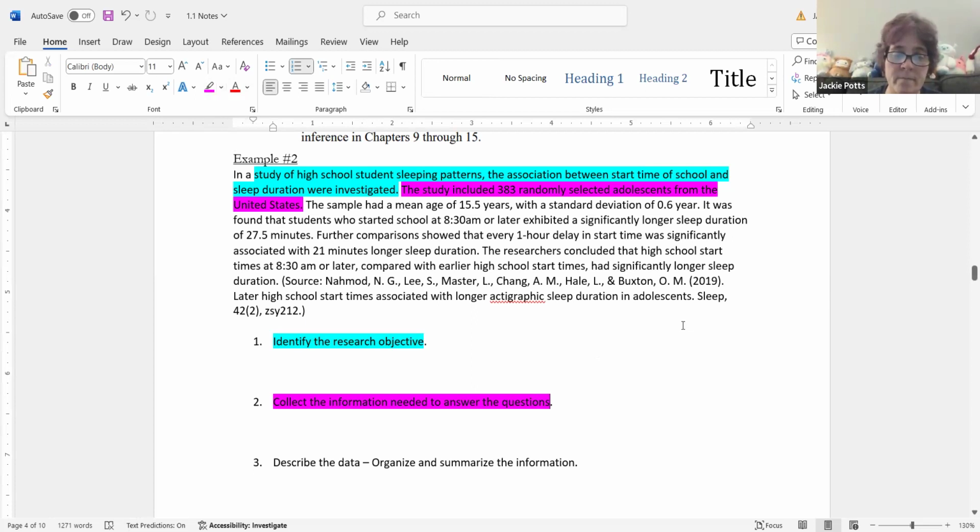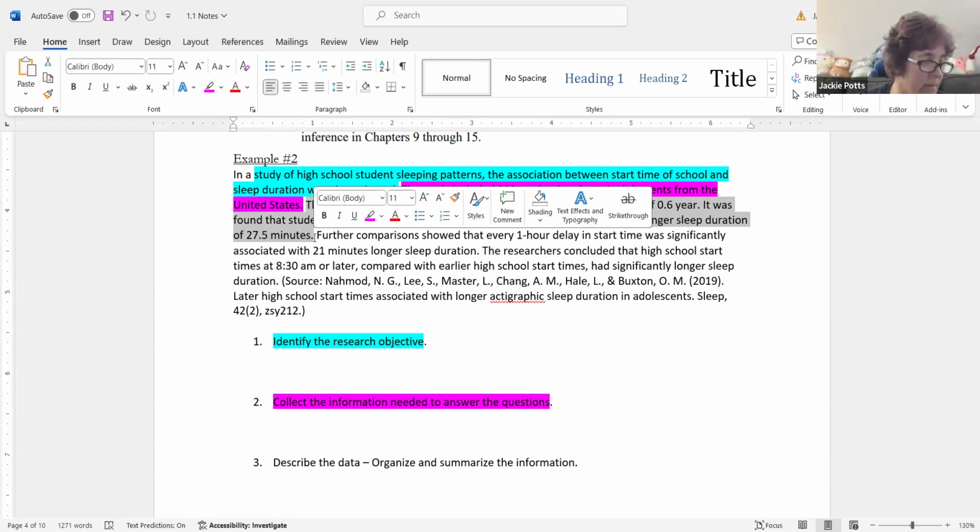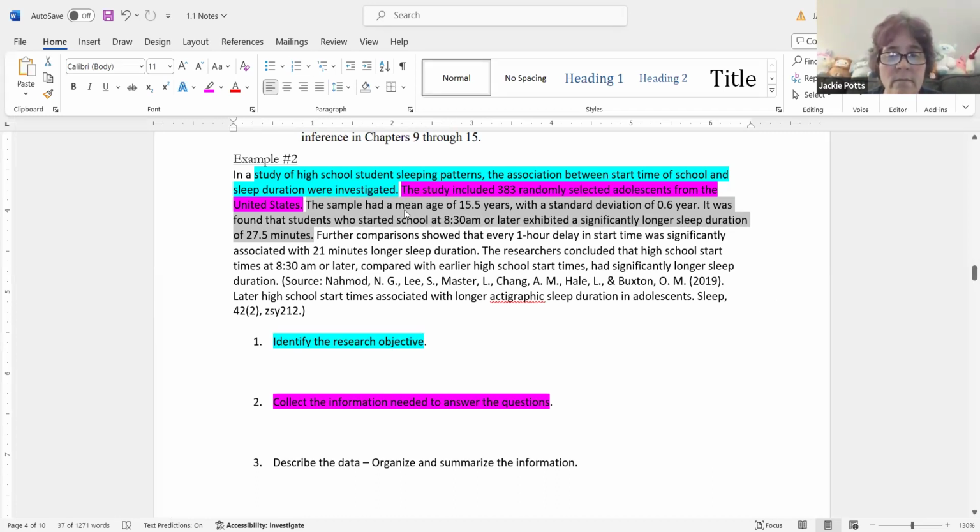All right. So describe the data, organize and summarize the information. Well, that is the sample had a mean. That's what this next whole chunk is. Let's see, do I have it?